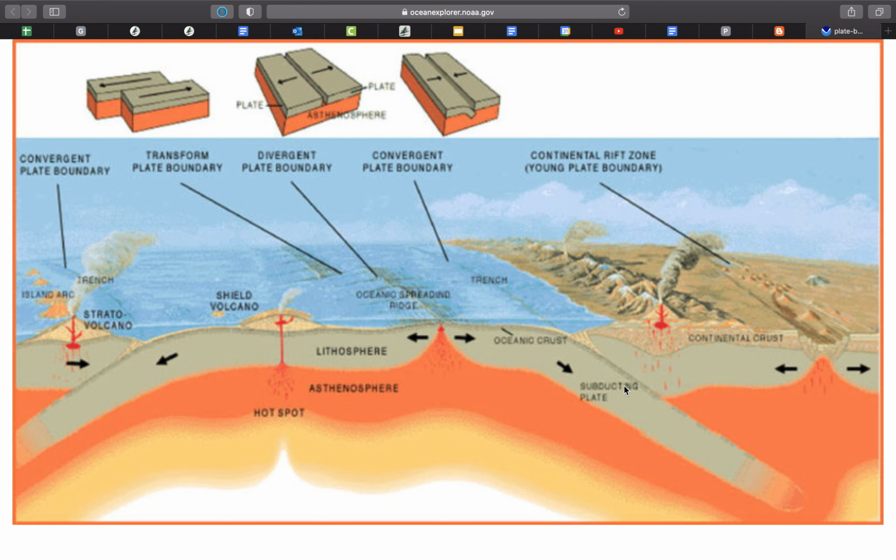Because you have a plate subducting, it's dipping down into the asthenosphere, and the rocky crust material is basically getting melted off of it, and it will travel through that continental crust, creating a chamber of magma, and that's the main ingredient for any type of volcano.